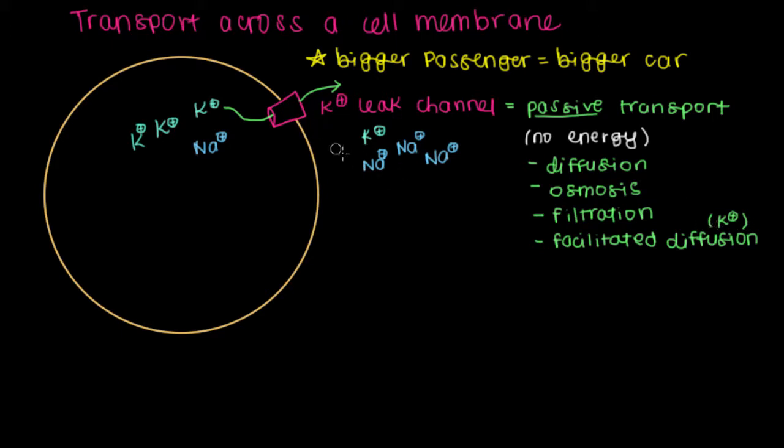Now, the other thing you should be asking yourself is, how is it that we had a large concentration of potassium in the cell in the first place, or a large concentration of sodium outside of the cell? Well, the honest answer is that energy was used to set up that ion gradient. And so here we go, we're going to move towards a bigger concept, where instead of just moving one ion across, we're going to move two at the same time.